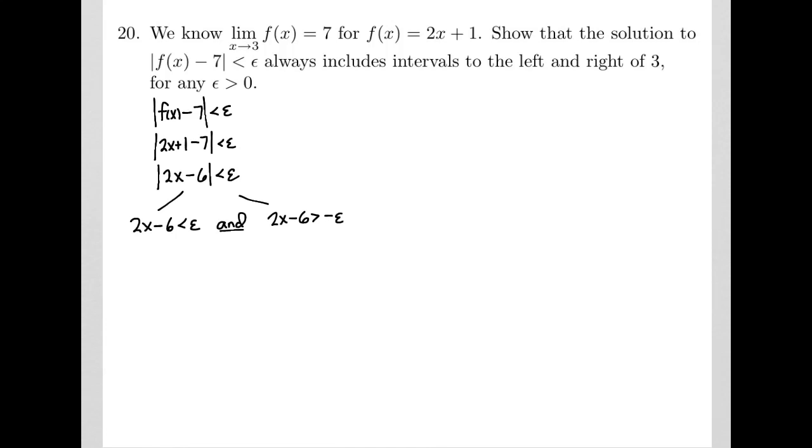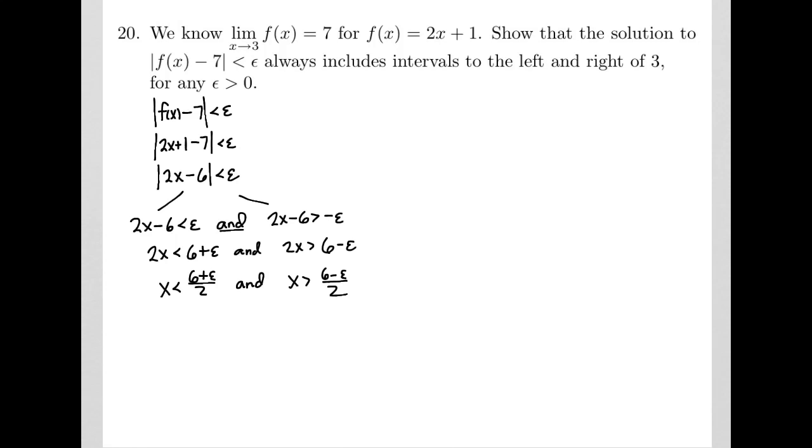So now if I solve for x in each of these inequalities, I add 6, 2x is less than 6 plus epsilon, and 2x is greater than, if I add 6, 6 minus epsilon. I now solve for x by dividing by 2. I get x is less than 6 plus epsilon divided by 2, and x is greater than 6 minus epsilon divided by 2.